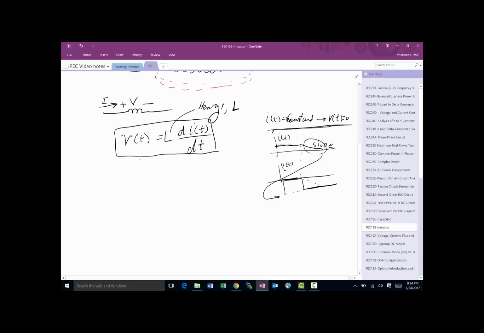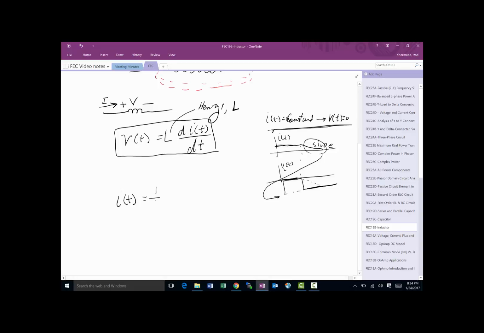Of course, we can also take this one step further and start looking at the opposite. Say, okay, if I have an inductor and I want to find out the current, but I have the voltage, how do I do that? Well, in order to do that, we can take an integral of both sides.